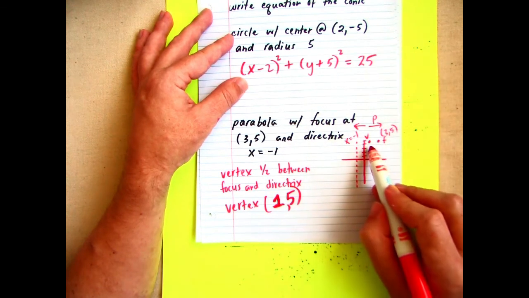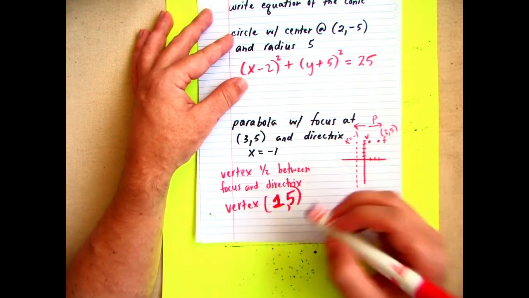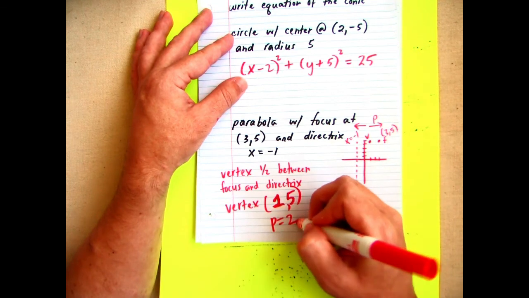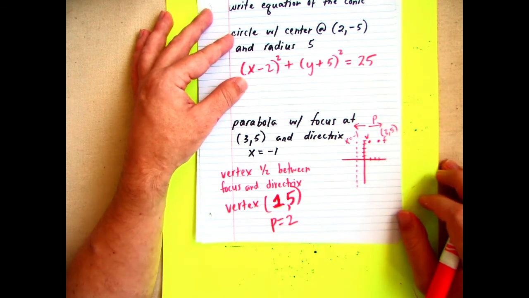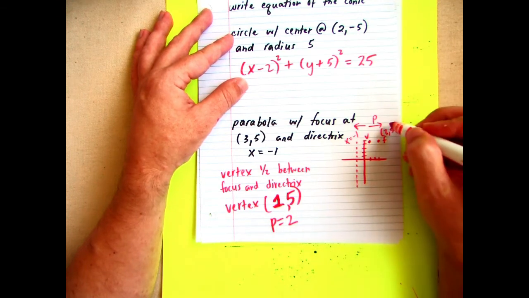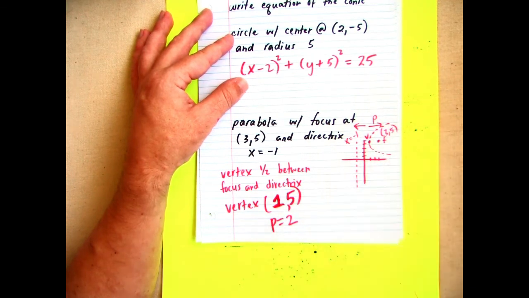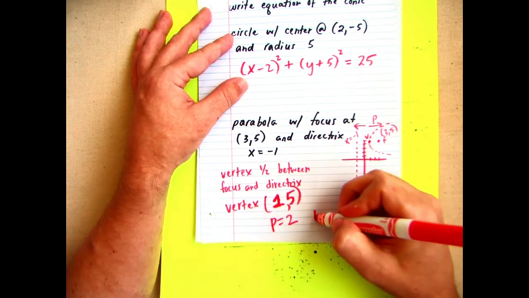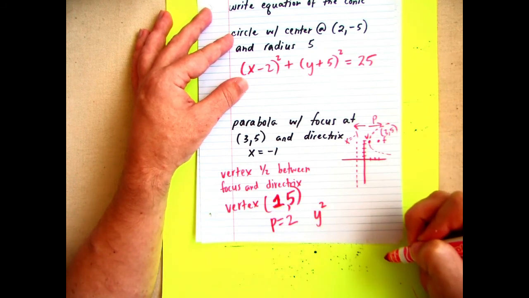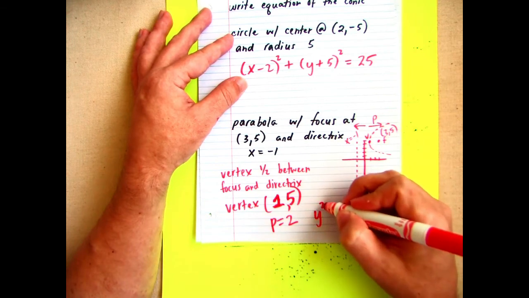Not only that, but I know my p-value, right? How much do we go left or right of the vertex to get the directrix and focus? Well, we go 2 units. So that gives me my p-value. My p-value is 2. And like I mentioned a moment ago, we're opening right.